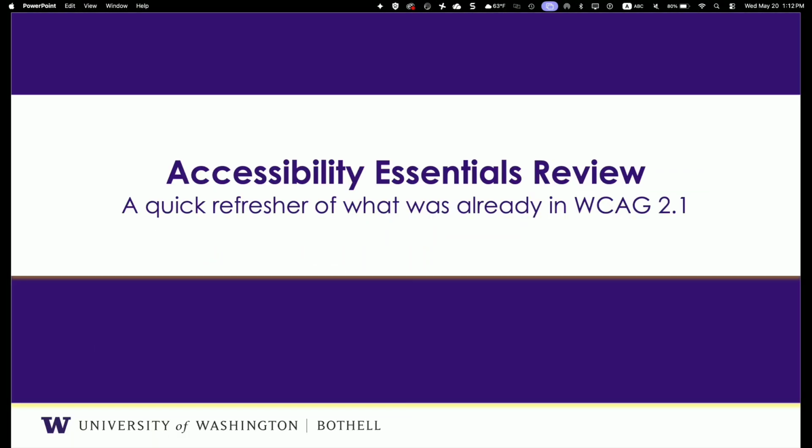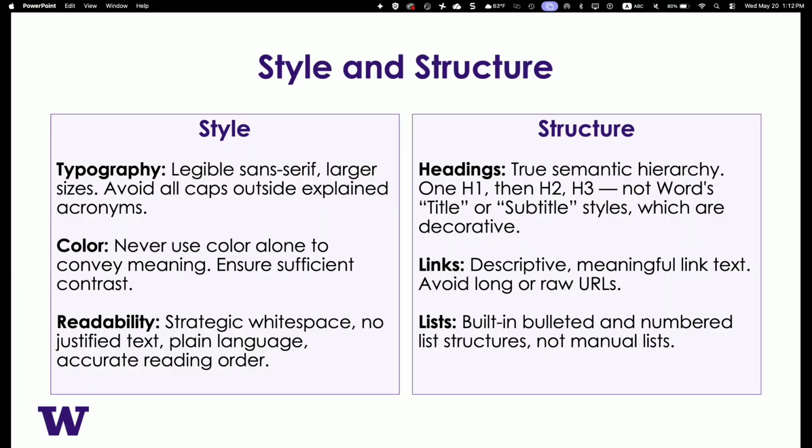So we're going to do a quick essentials review, which is a refresher of what was in WCAG 2.1. In style and structure, we have style, typography. We should use legible sans serif fonts, larger sizes than we think sometimes. Minimum, depending on the font, 12 or 11, right?